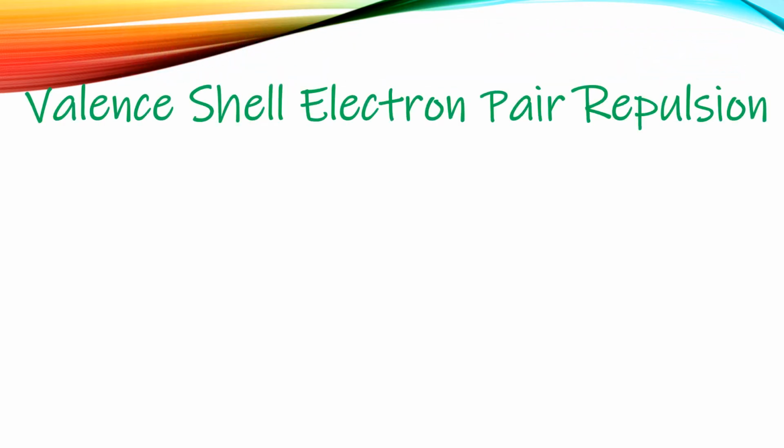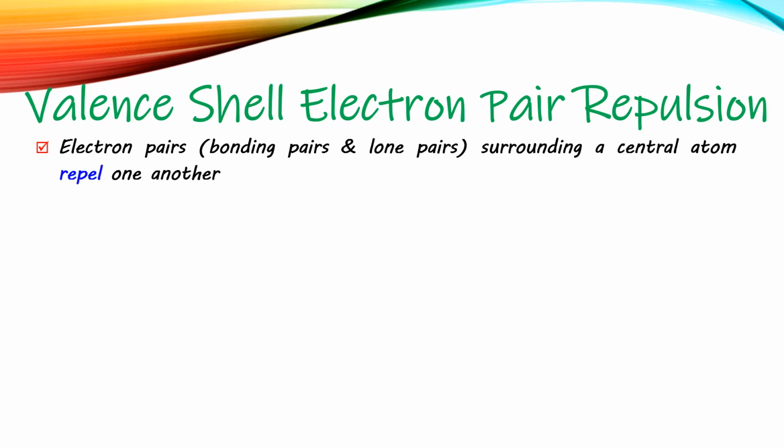VSEPR theory plays a very important role in determining the molecular shape. VSEPR stands for valence shell electron pair repulsion. According to VSEPR, electron pairs, which are bonding pairs and lone pairs surrounding a central atom, repel one another.